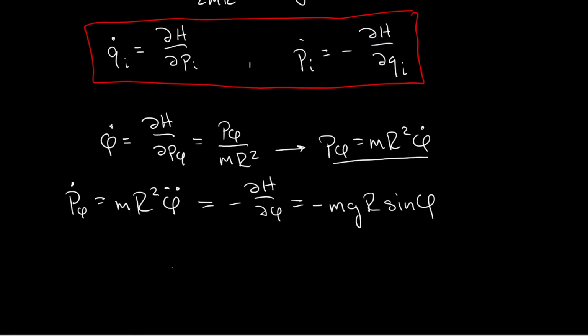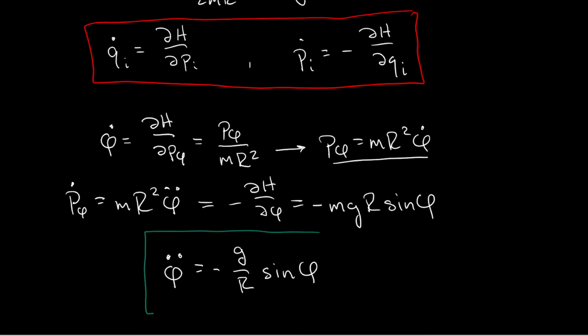Simplifying everything out, you get that phi double dot is equal to minus g over r sine phi. And there you have it. There's our equation of motion.